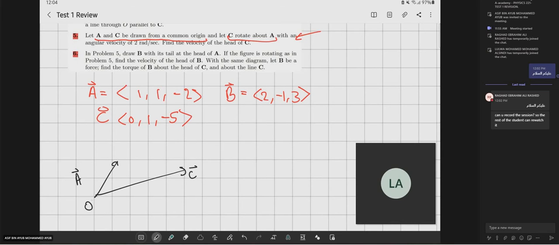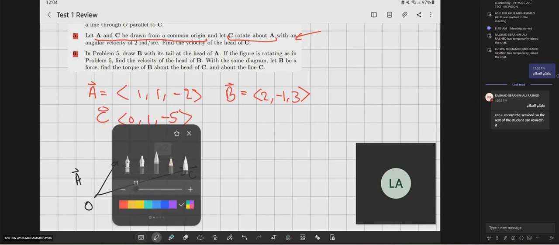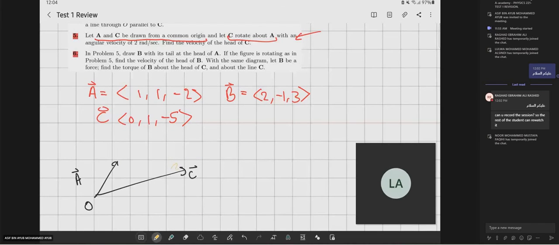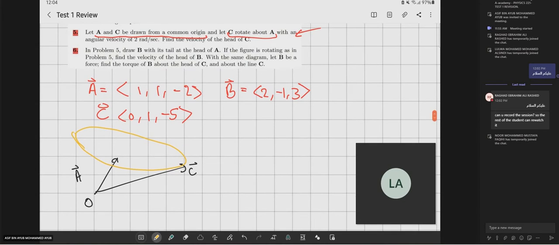And C is rotating about A with the velocity of 2 radians. So C is rotating something like this, about A. This means that the angular velocity is along A. Since it's rotating about A, that makes sense.